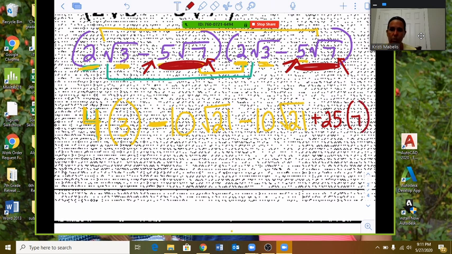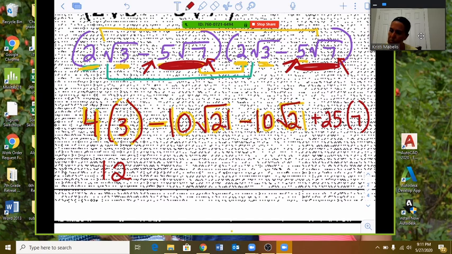Okay, so let's do a little cleanup here. We have 4 times 3, so 12, minus 10 radical 21, minus 10 radical 21. So that would be minus 20 radical 21. And then if you had 7 quarters in your pocket, that would be plus $1.75, or 175.